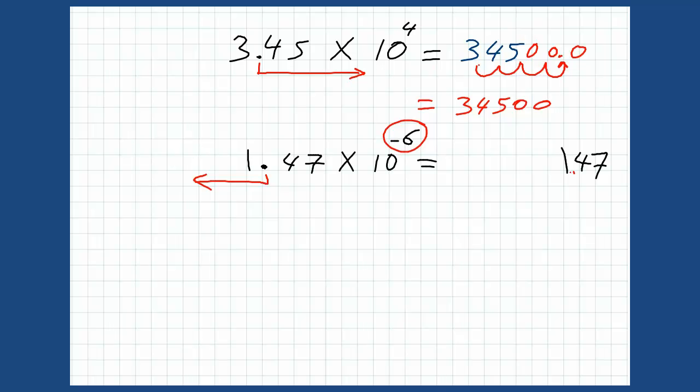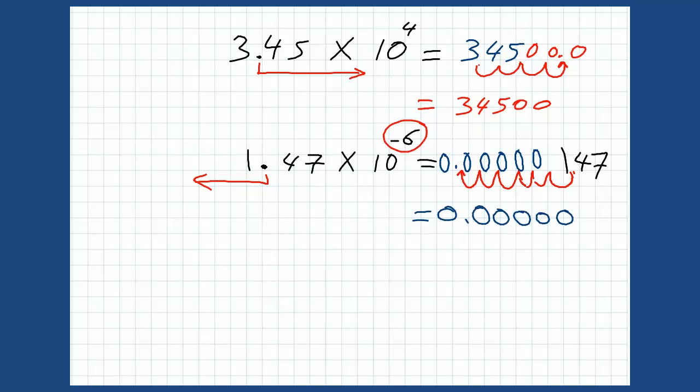We will move it 1, 2, 3, 4, 5, 6. And for the missing digits, we will put zeros instead of them. And this is the place of our decimal here. So the final answer is going to be 5 zeros, 1, 4, 7.